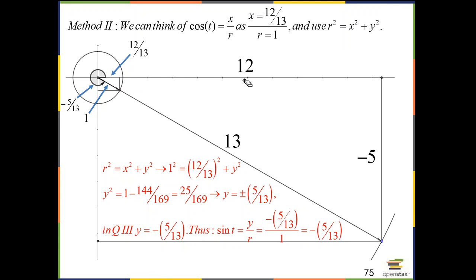Another method is to think of x to be 12 over 13, which is right about here. And then r is 1, which is the unit circle, so that's 1. Now, y would be that much, right here. How much?